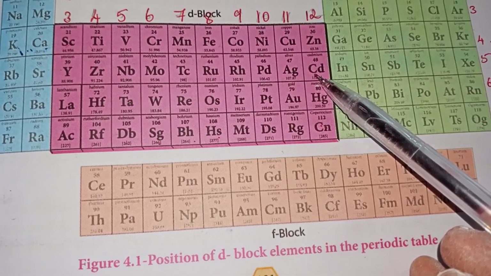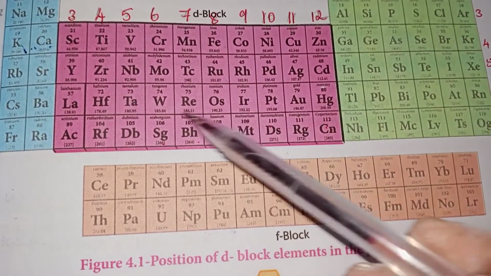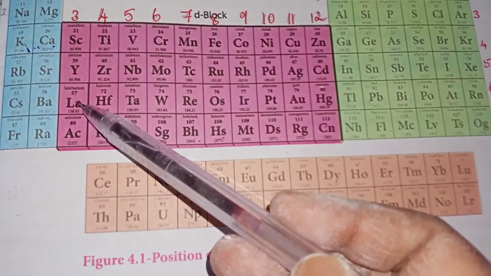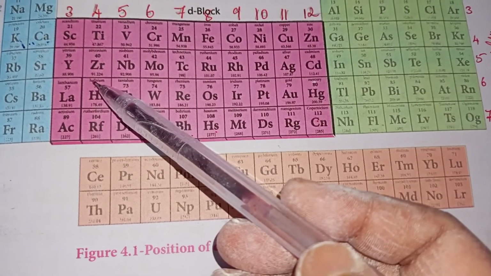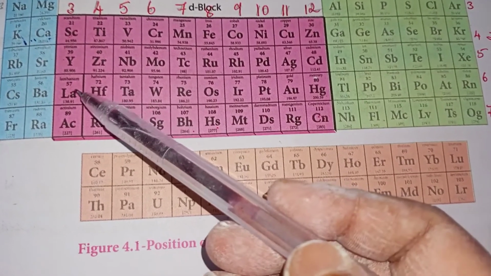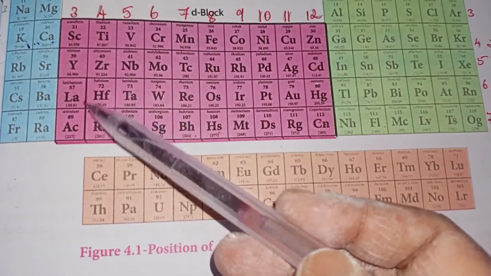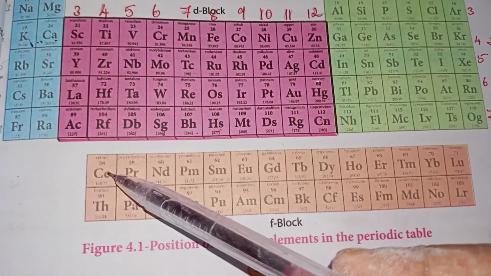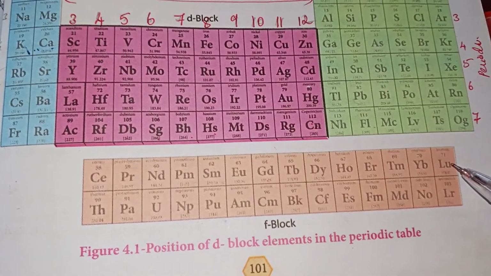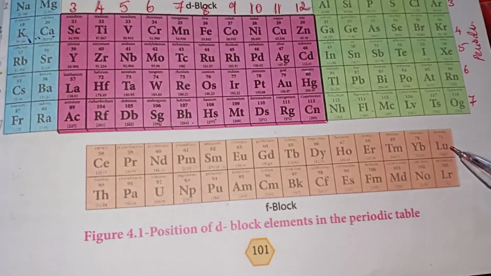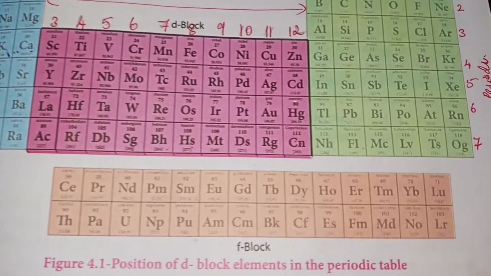That is your 4D series. Now the 5D series, starting from lanthanum, atomic number 57, then comes hafnium with atomic number 72. After lanthanum comes cerium, and cerium up to lutetium come under the f block elements, which we will see later.